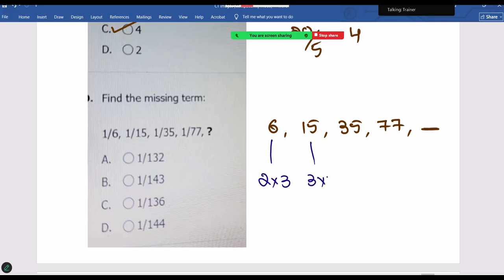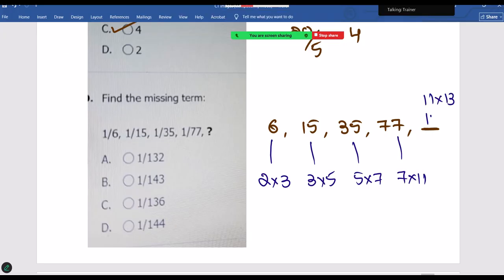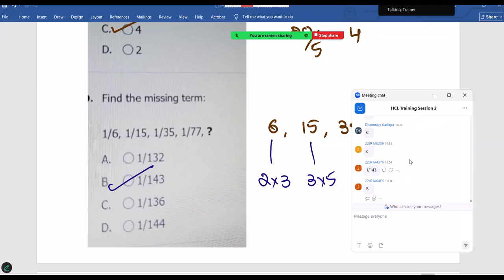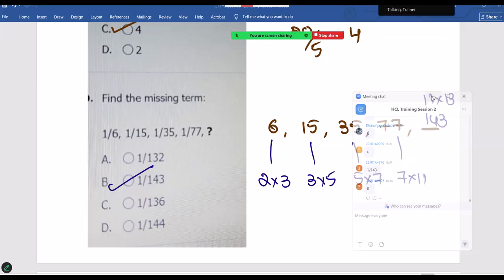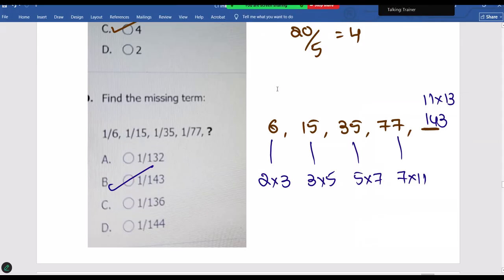Next two prime numbers, 3 into 5. This is the prime numbers 5 into 7 product. Prime numbers 7 and 11 product. Prime numbers 11 and 13 product. A typical question given. 143 is the answer. Excellent. Those who got the answer 143, superb. Consecutive prime numbers product.